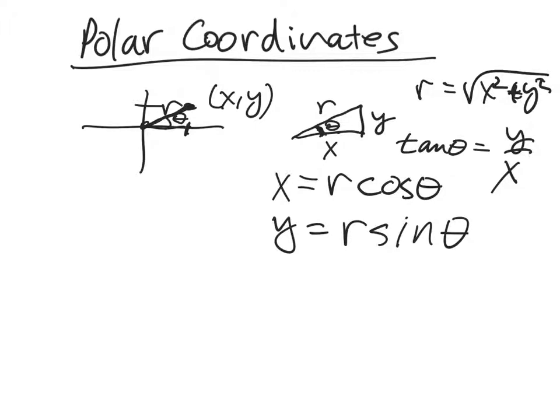So make sure you have those formulas written down, or at least know how to find those formulas. I may have you convert a rectangular point into polar coordinates, or a polar point into rectangular coordinates. We did some conversions, whether it's points or equations. Make sure you know how to do both of those.